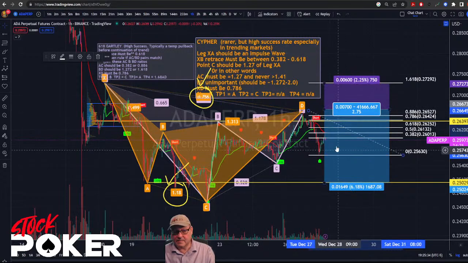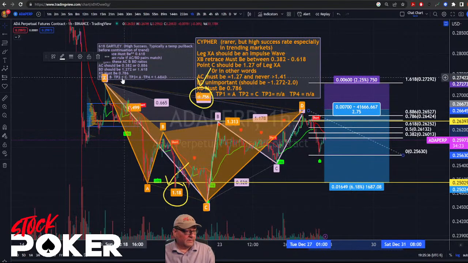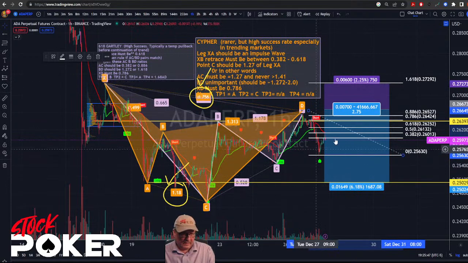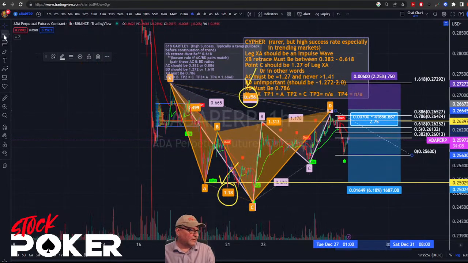In fact, I'm going to stay in this trade until it hits this X point, which is the 0.27313. And this is ADA, by the way. But I think we're heading down. Our take profits, let me just draw those real quick in here.